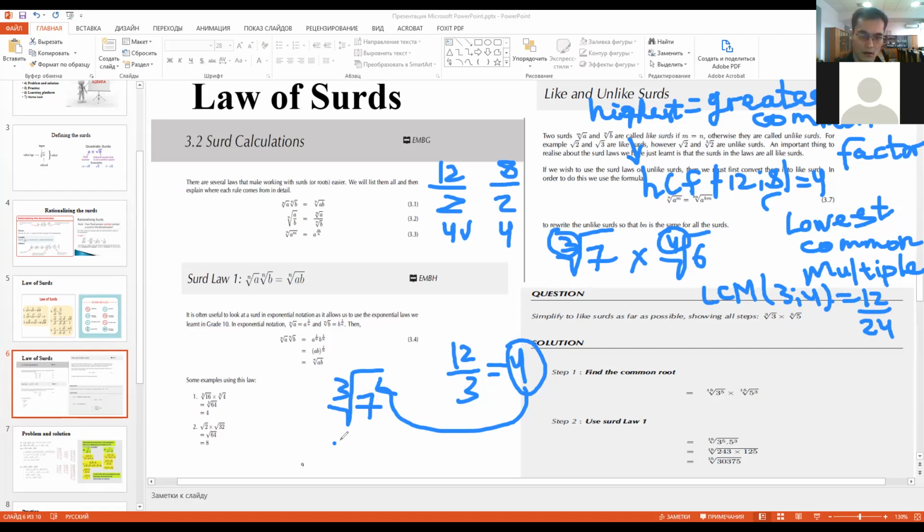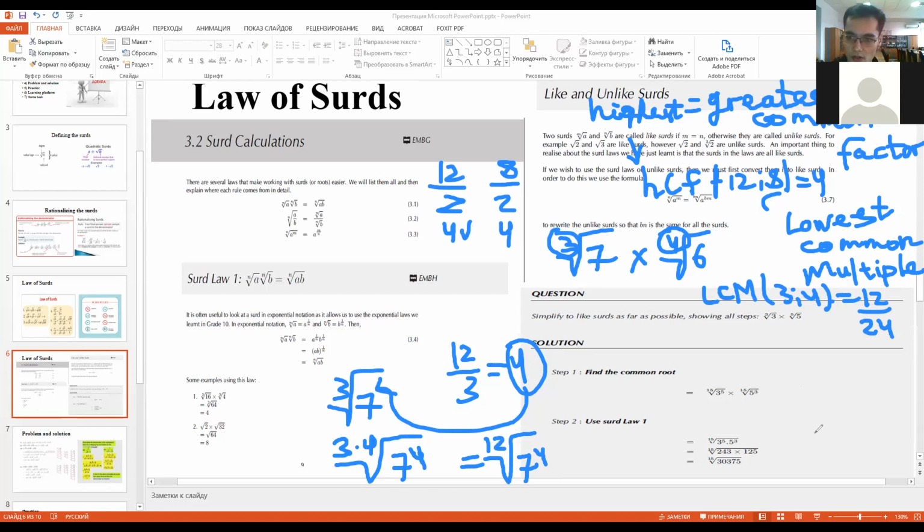After that you have this 3 multiplied by 4, 7 power 4. You understand?